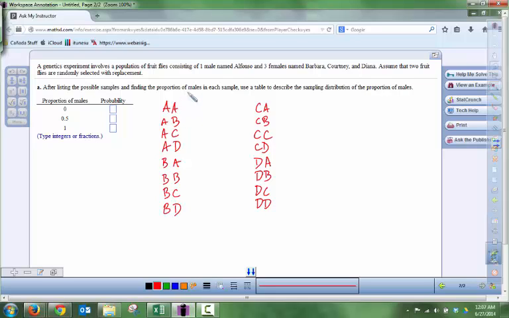Alfonso and Alfonso is a sample of 100% male. And Alfonso and Barbara, Alfonso and Courtney, Alfonso and Diana are all samples where it's 50% male.